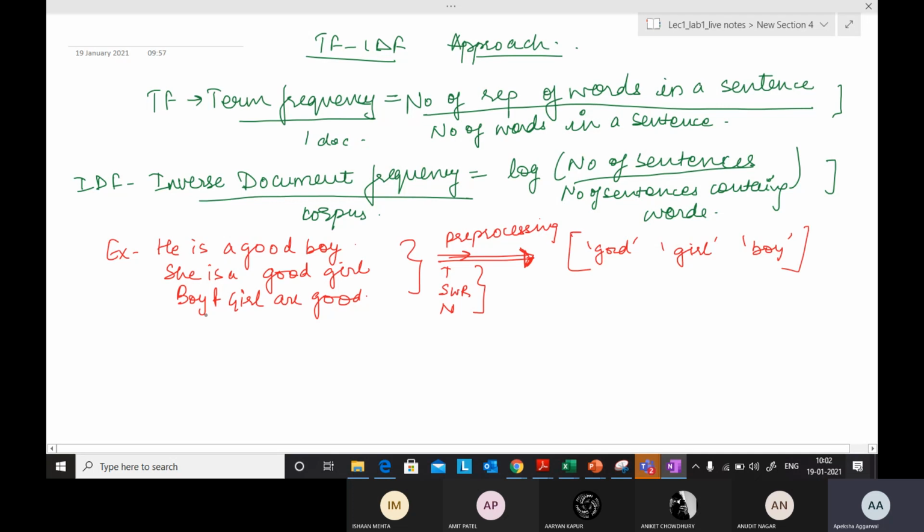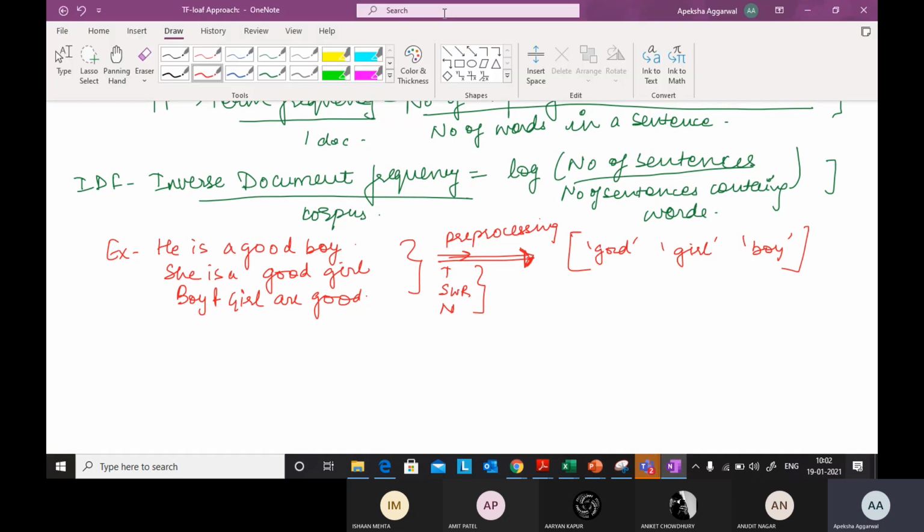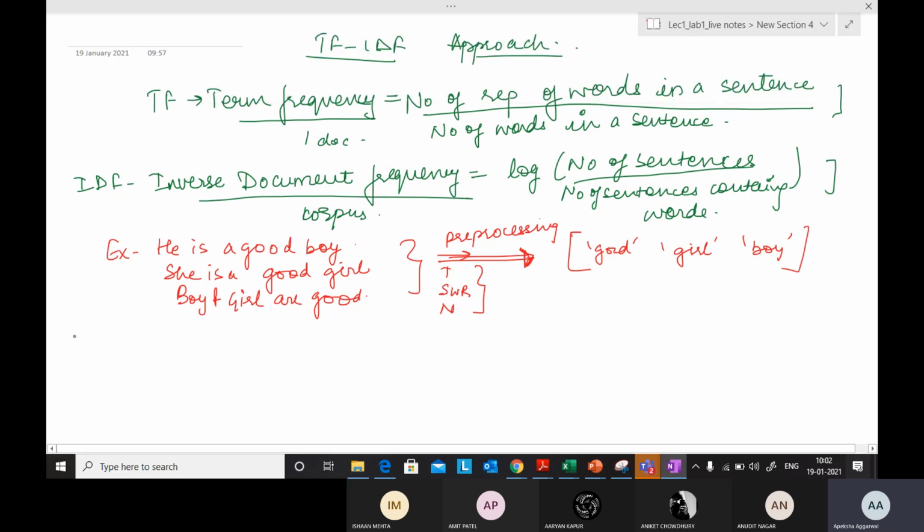After this, first of all, I have to calculate the term frequency matrix, right? Term frequency is basically finding the words in a sentence. So good, boy, and girl, 3 words are there.